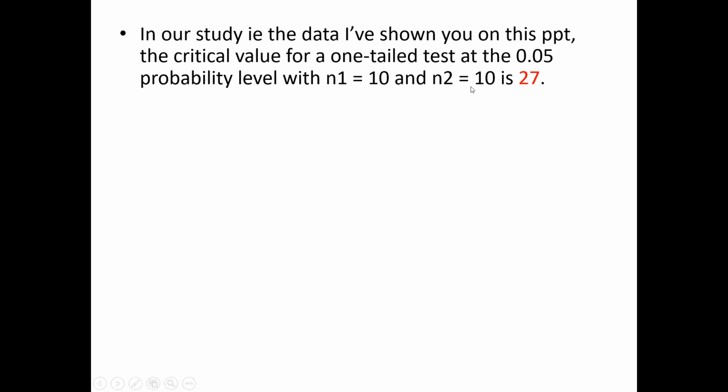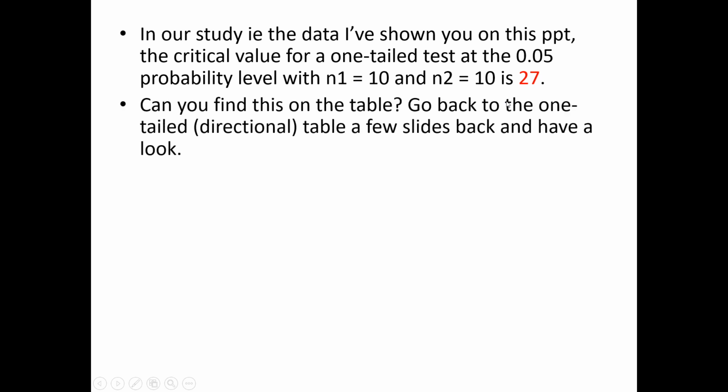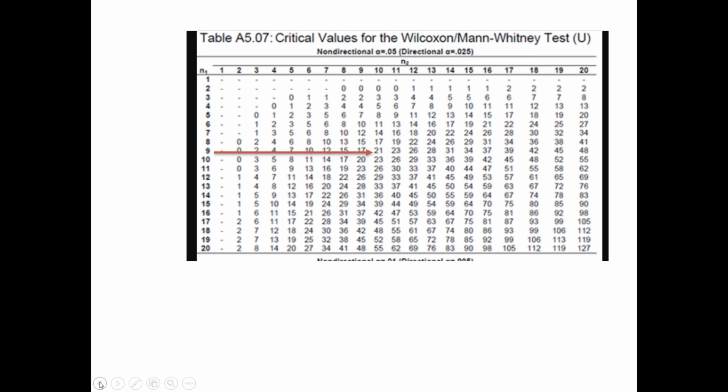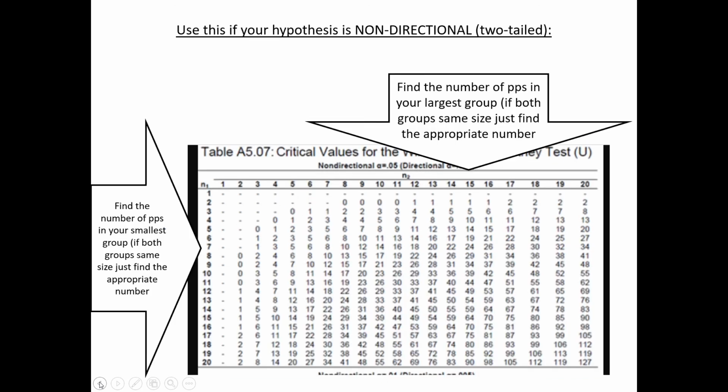in our study, the data I've shown you, the critical value for a one-tailed test at the 0.05 probability level, where n1 equals 10 and n2 equals 10, that's just per condition, is 27. Can you find this on the table? Should we go back? It was n1 is 10 and n2 is 10, and it was one-tailed. Let's have a look. We know that's two-tailed.